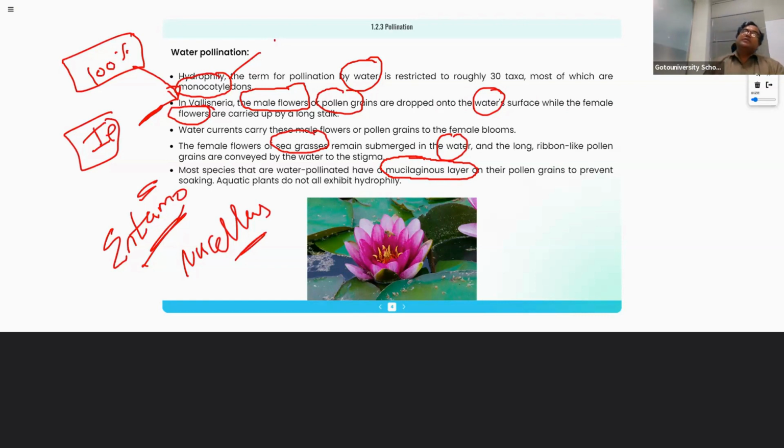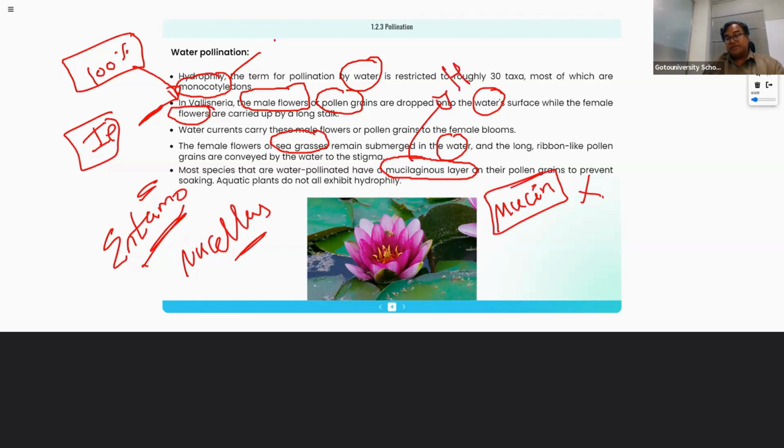The word I'm saying is mucilaginous; the word mucin should not come to your mind. Mucin is present in bacteria. Don't use the word mucin here, right? This mucilaginous layer of the pollen grain is a water repellent layer.